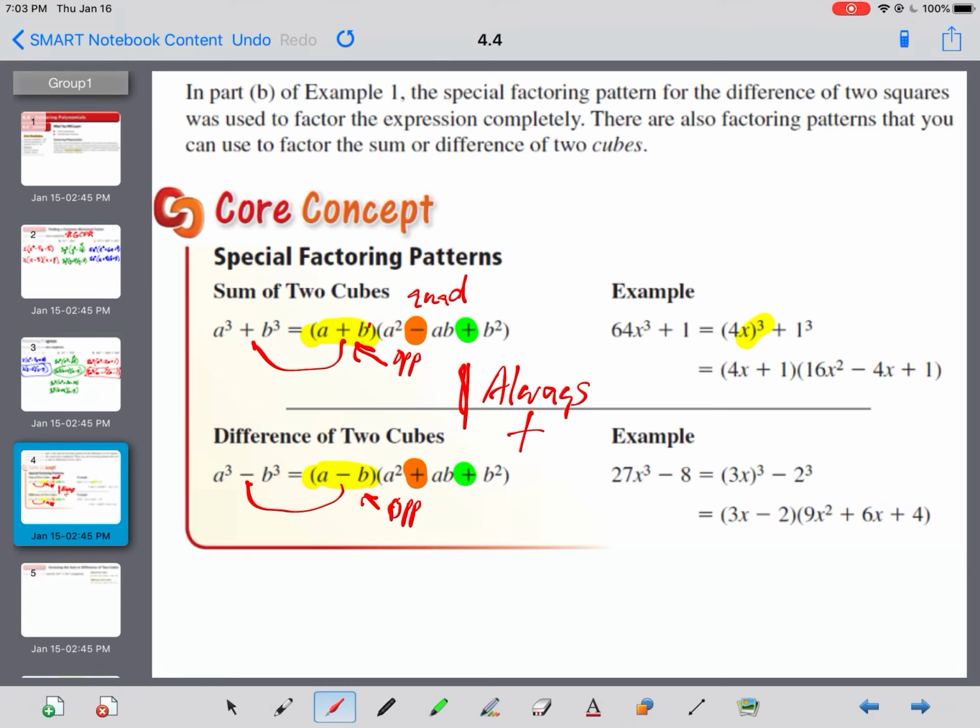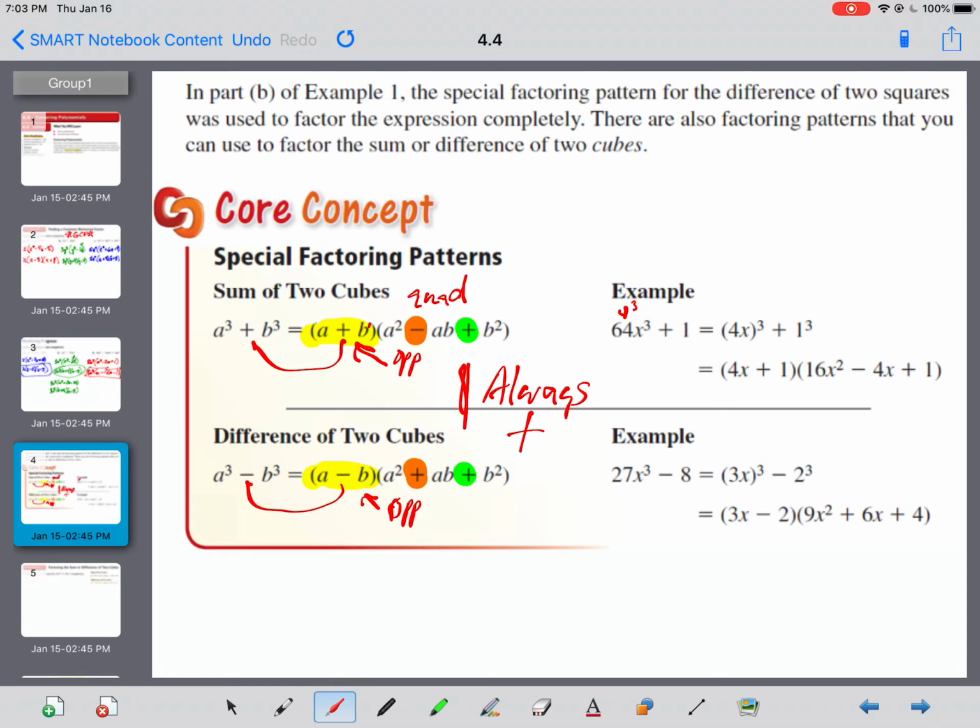So here's an example, 64x to the third plus 1. Yes, it even applies to the coefficient in front of the variable to the third. But we've got an x to the third, we got a 64. 64 is actually like 4 to the third, which we can group into one parenthesis. So we've got 4x to the third plus 1 to the third, because 1 can always be considered a cube or a cube root.